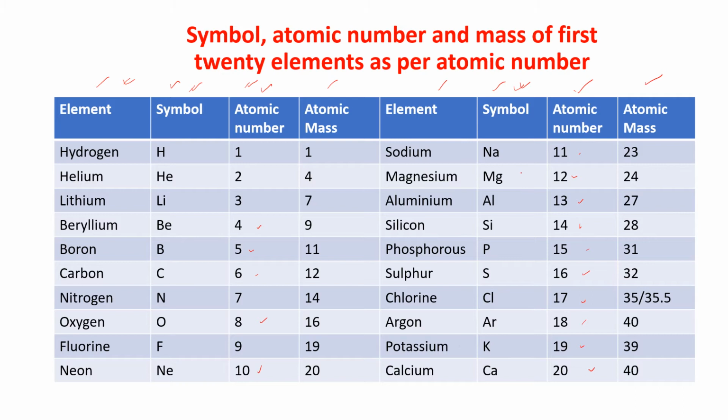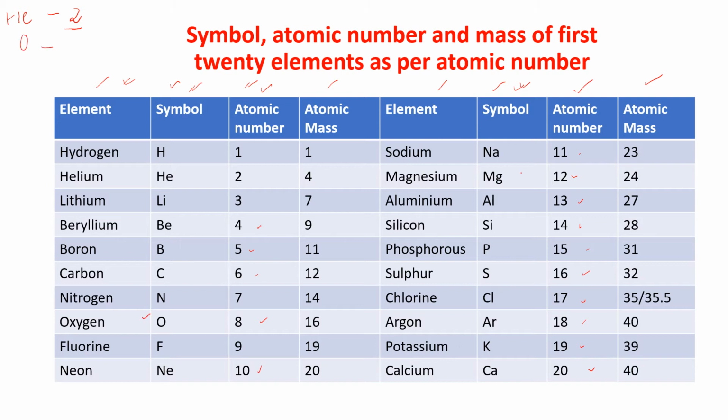I'm just showing you some examples. Suppose I want to write helium. Helium's atomic number is 2, so it is an even number. So its mass number will be just double, it is 4. Mass number is 4. Now see one more, suppose oxygen.